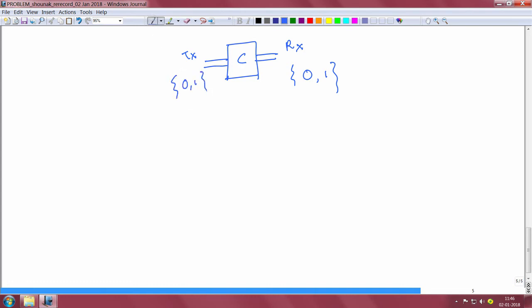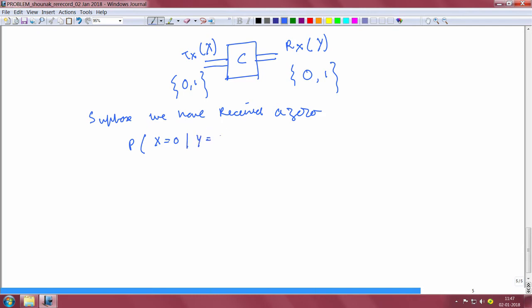So, for the decision making that we have to do, suppose we have received a 0. Let me write this as a random variable y and the transmitted one as a random variable x. So, we have to calculate the probability that x equal to 0 given y equal to 0.